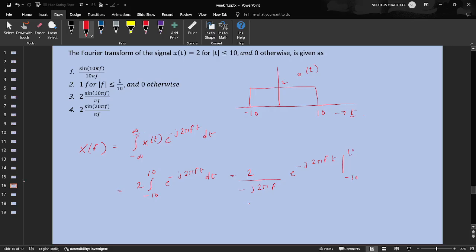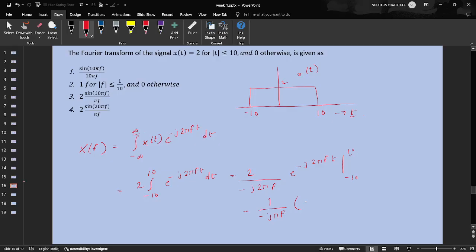The 2 cancels out, giving 1 over minus j pi f.